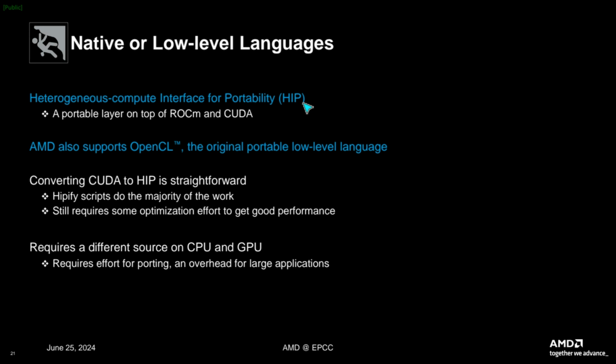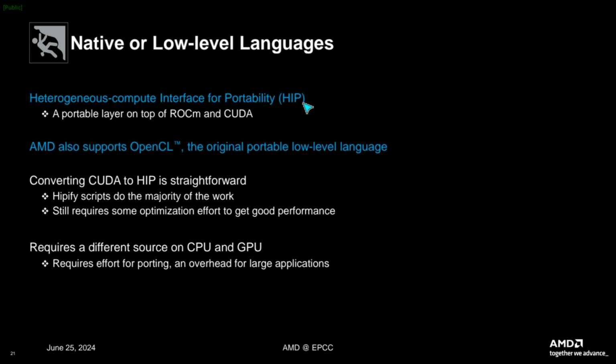So converting from CUDA to HIP is really straightforward. It's really easy to take a tool that will do the majority of the conversion, because basically the same calls are implemented in the ROCm software layer.